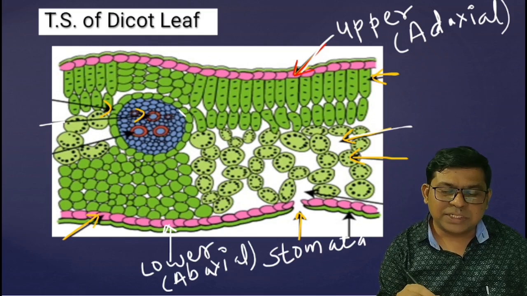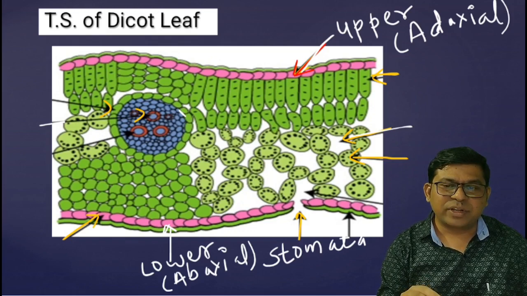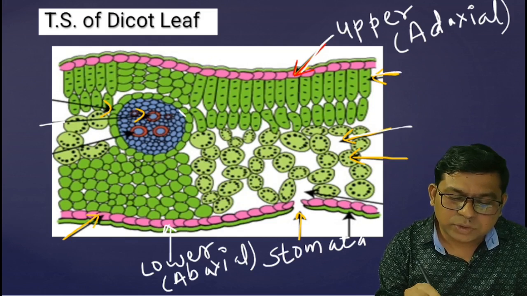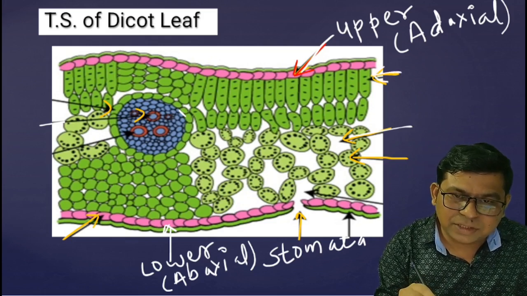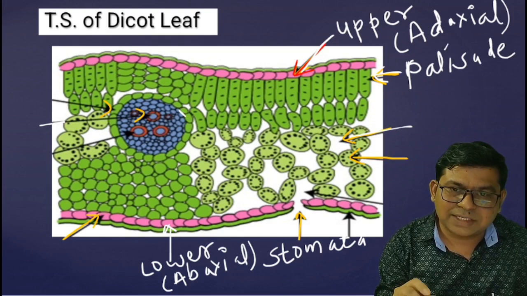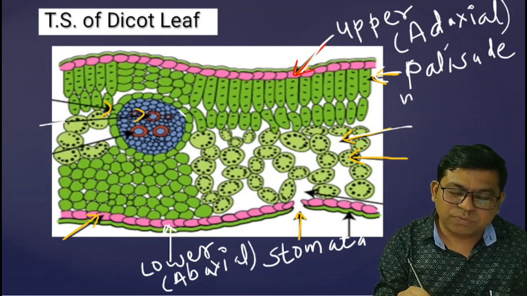And below the upper epidermis there are some modified parenchyma cells called the palisade mesophyll.